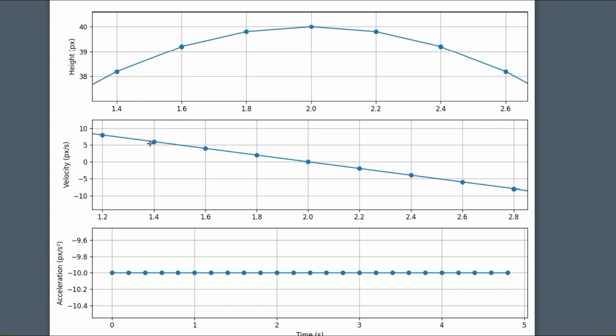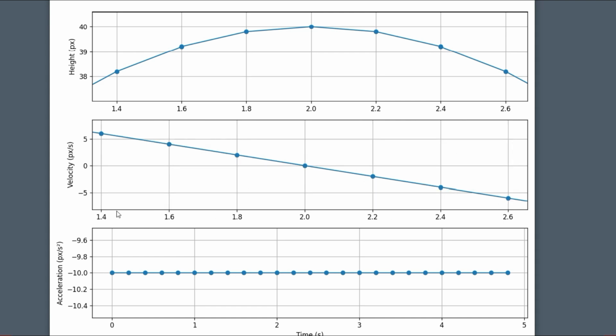At 1.4, you can see the velocity is around 5 or 6, and at 2.6, the velocity is a bit below minus 6. So it's minus 6. And here also it's the same.